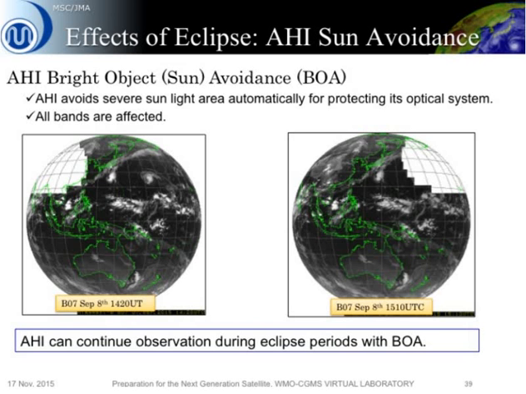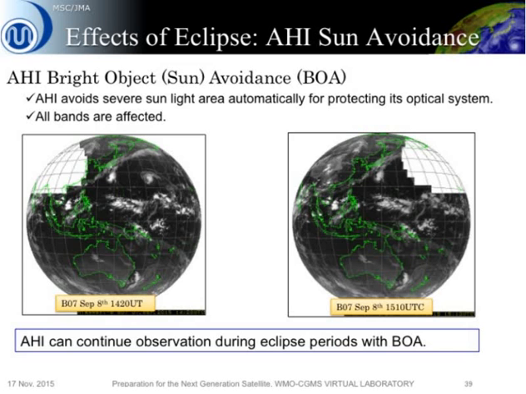And next slide is effects of eclipse. AHI has a function to skip a part of observation so that it does not scan across the sun, for protecting its optical system. This is an automatic function called bright object avoidance, called BOA.